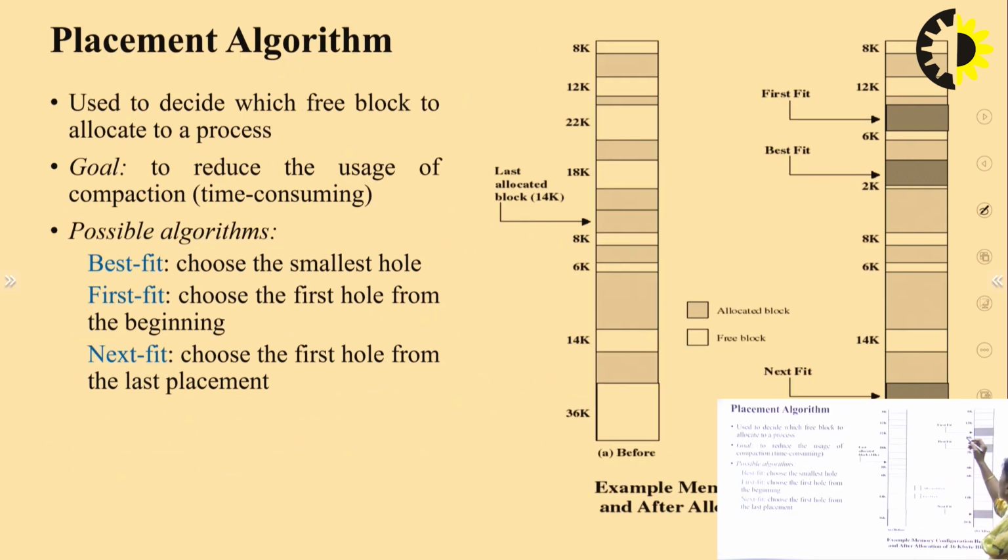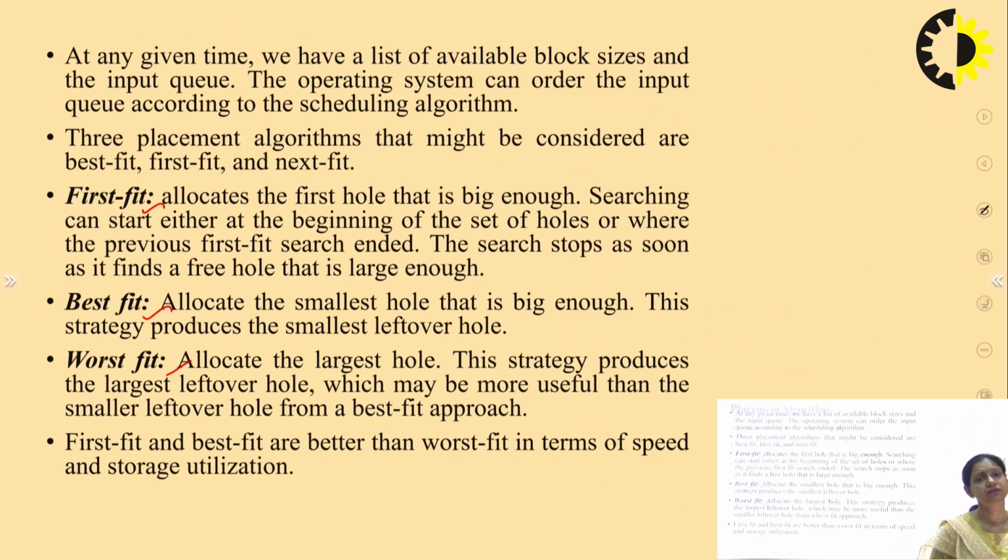Suppose here we have this memory size, and a process came which needed some memory space less than 22 KB. So this was allocated by first fit. The memory size which the process needed is allocated the first one.